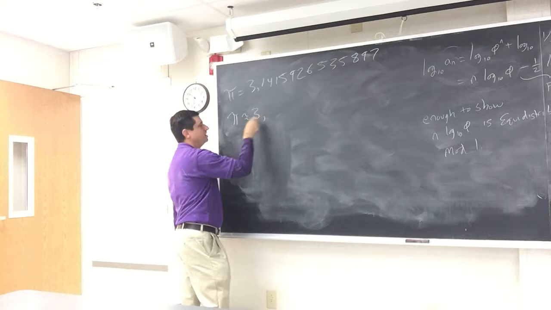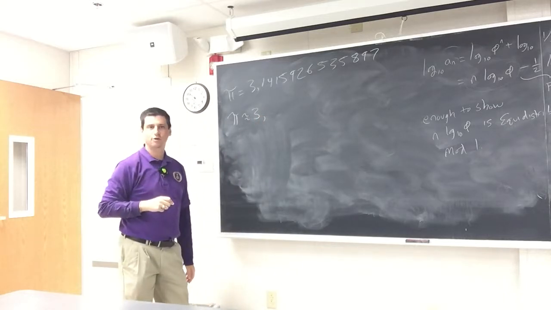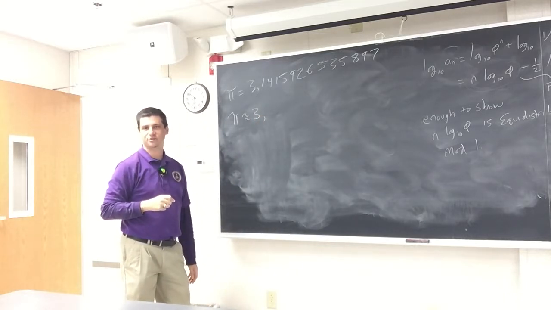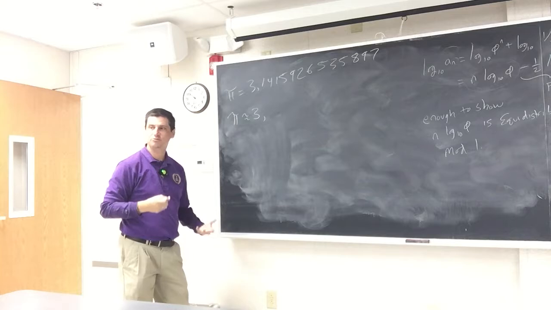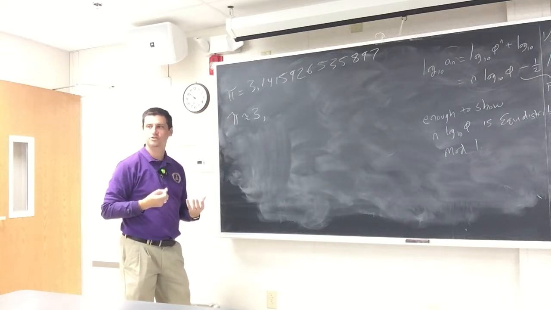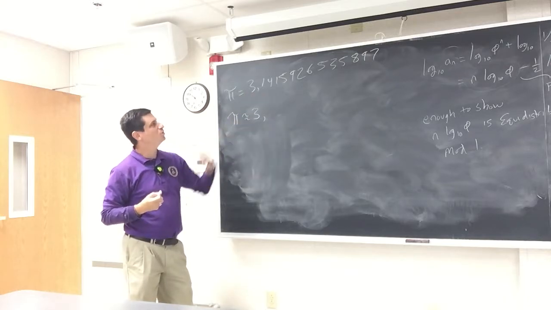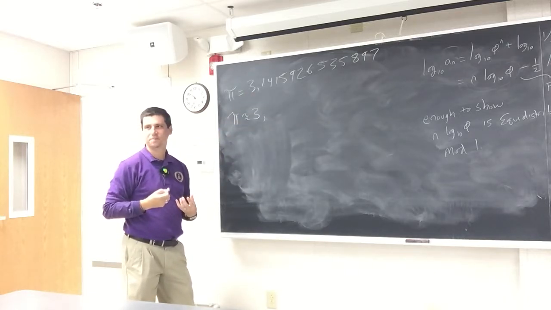So here's an approximation. Can somebody give me a better approximation of pi using rationals? I've got a decimal. Give me a good rational approximation, ratio of 2 integers. When I look at this, what do you see as your next approximation?